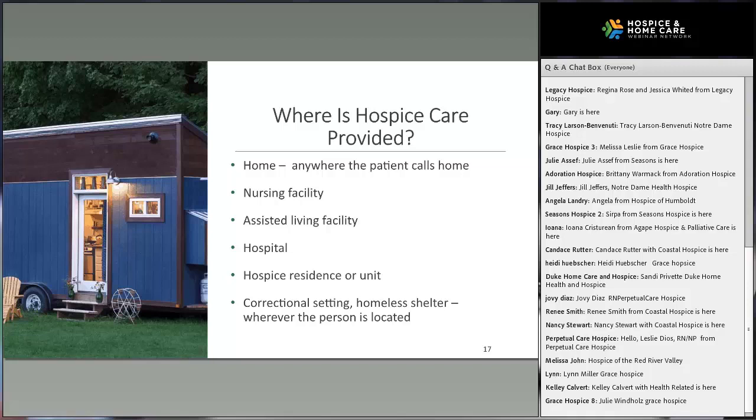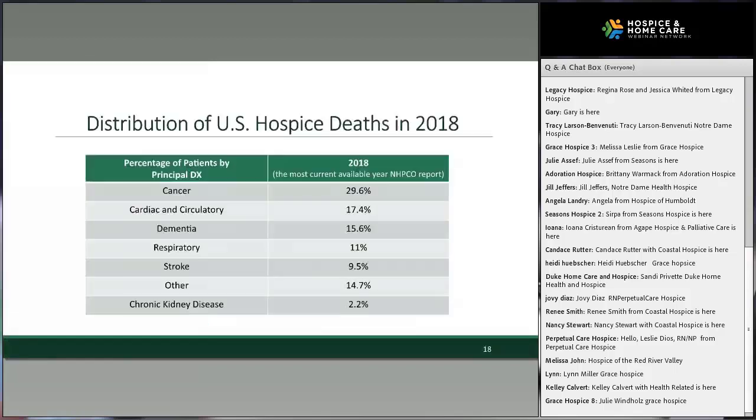You can see, as I mentioned, a hospice residence or unit, a hospice inpatient facility or hospice house, a correctional setting, homeless shelter, a hotel room, motel room, anything like that. Wherever the patient calls home is where hospice can be provided.